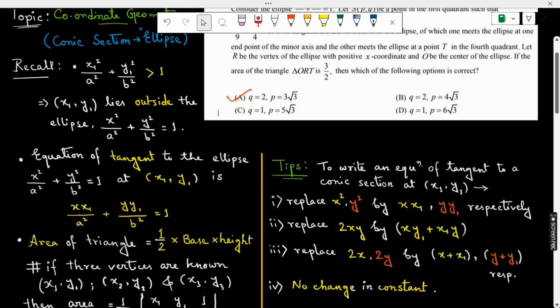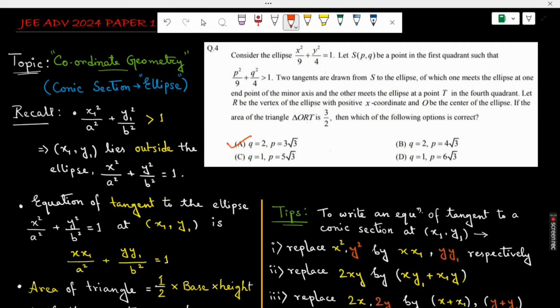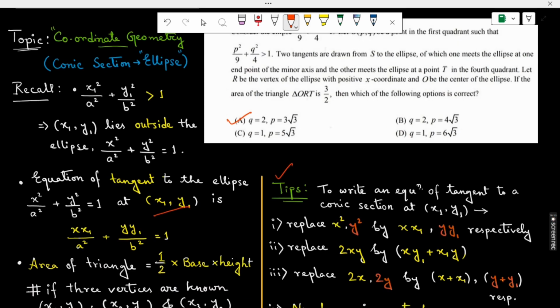So let's recall it again. The point (p, q) satisfies the inequality, meaning the point (p, q) lies outside the ellipse, and the equation of the tangent at any point (x1, y1) is x x1 by a square plus y y1 by b square equals 1. We have used this one, and I have also given tips for any conic section.